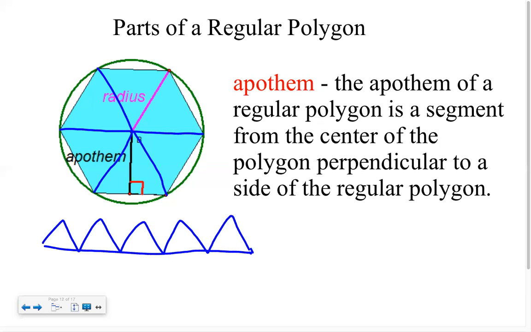They take all these triangles, and you have six identical triangles that are all attached. You can find the area of one of the triangles, because this apothem is the same for all six triangles. You can find the area of one triangle, and then multiply that times 6 to get your total area.